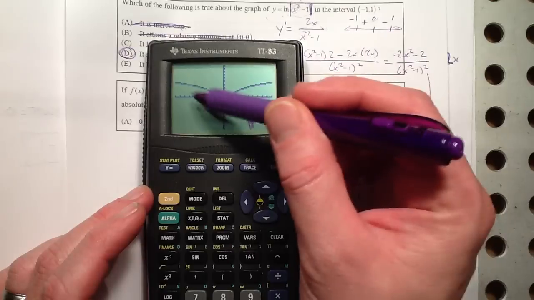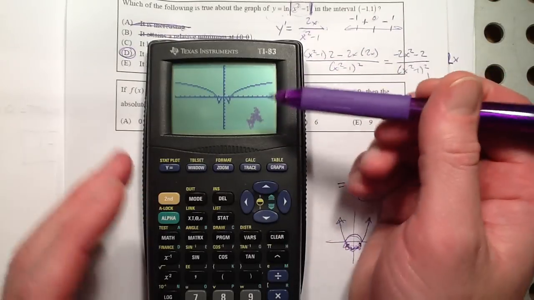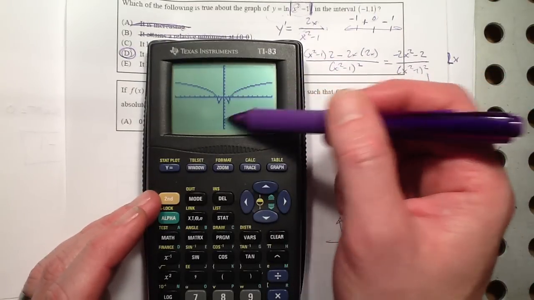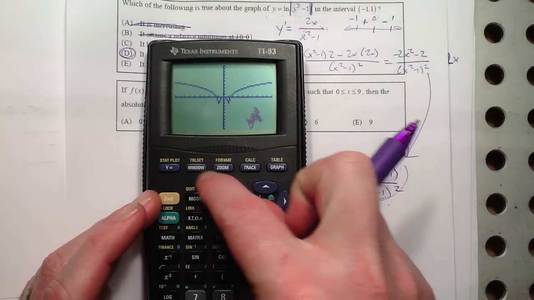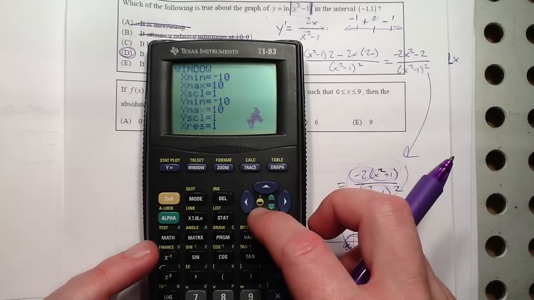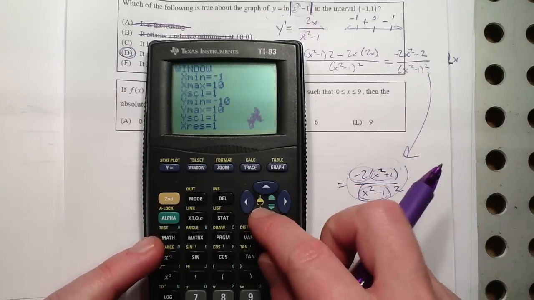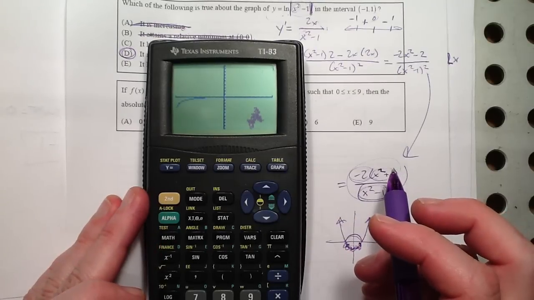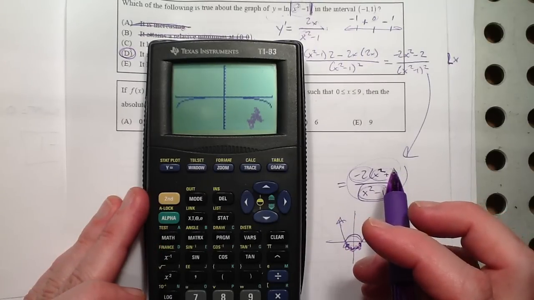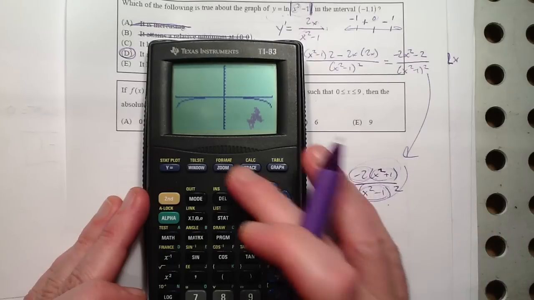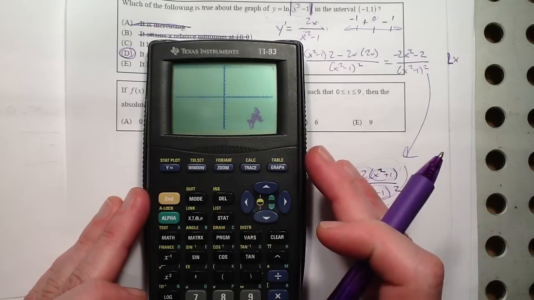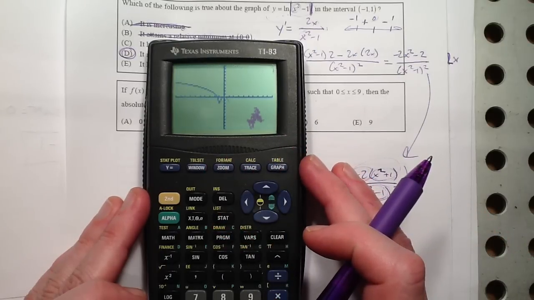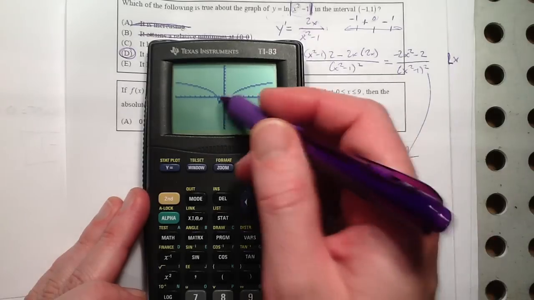That looks like it will definitely go up forever. But let's check in here and set the window. Let's look at -1 to 1. What's going on there? Oh, I guess I need to see around the -1.